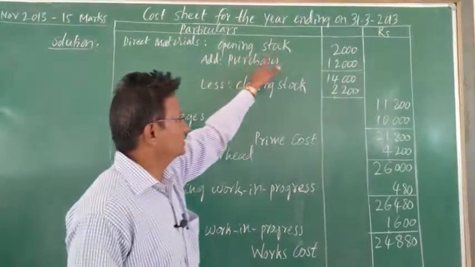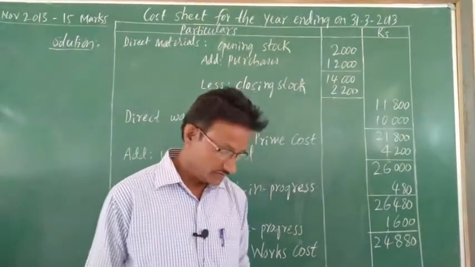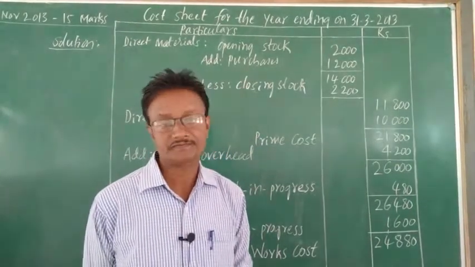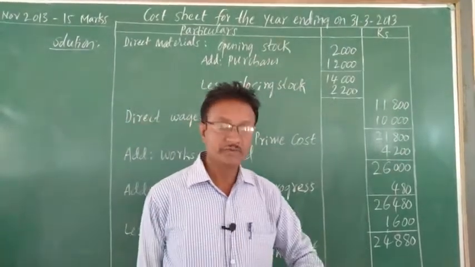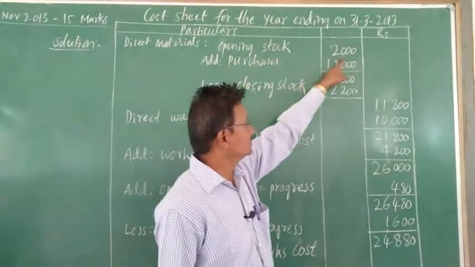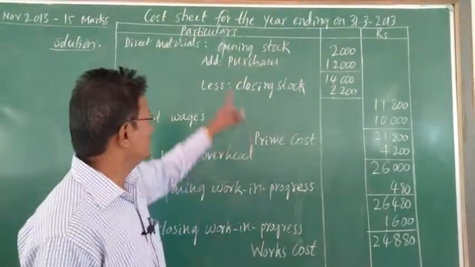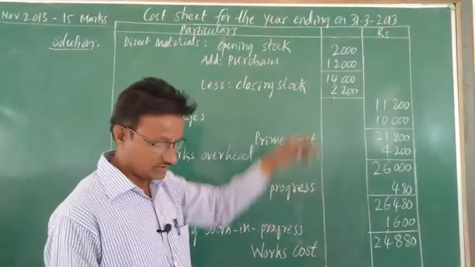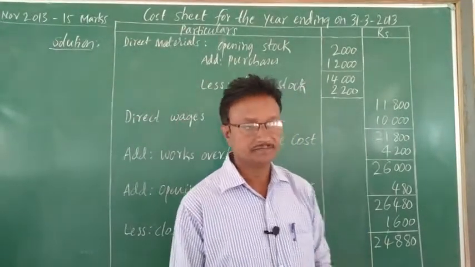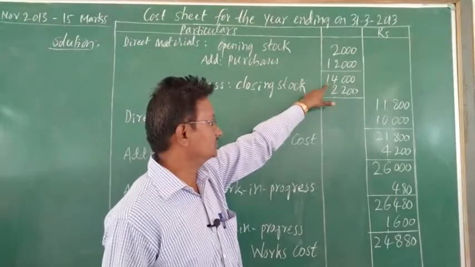First we have to take the direct material cost. So first we take the opening stock of raw materials. Here the information given is stock on 1/4/2012 is opening stock, so raw material opening stock is 2000, and next add purchases. Purchase of raw material is given, that is 12,000, so the total is 14,000.